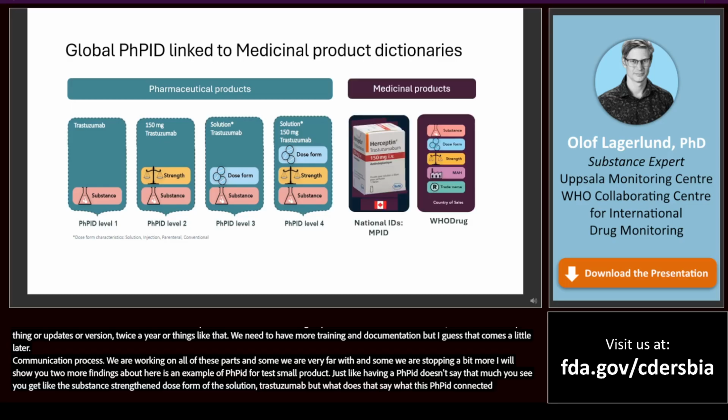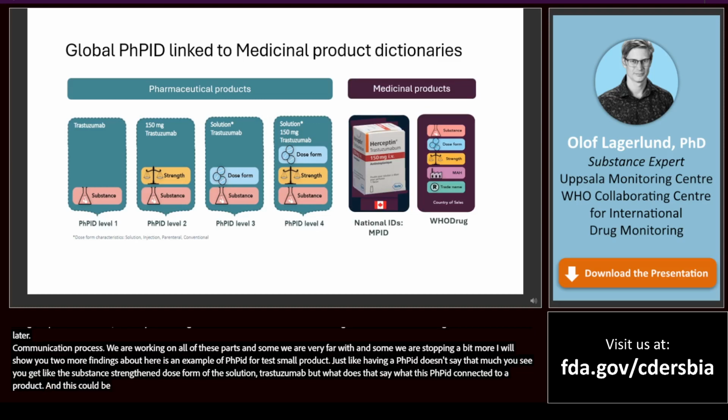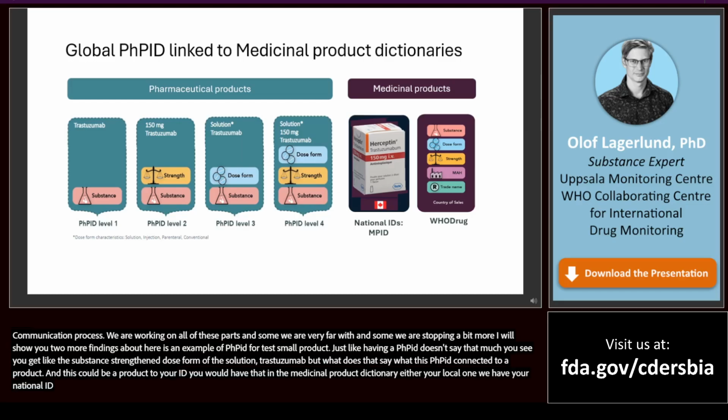And this could be a product ID, and you would have that in a medicinal product dictionary. Either your local one, where you can have your national ID, the MPID, or it could be the UMC's WHO drug dictionary, a global dictionary.